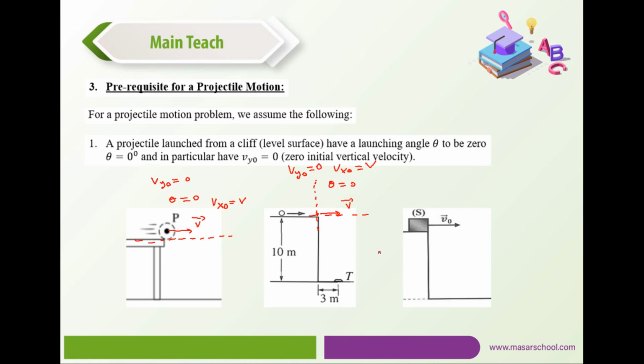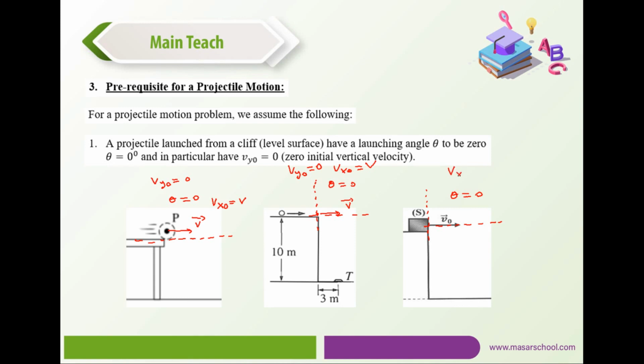Now also let me repeat the explanation here. Here we're launching the projectile from a cliff, let's suppose. Then the initial velocity is parallel to the horizontal, and that would be the vertical. We notice that the initial velocity makes no angle with the horizontal, so theta is 0. So what does this mean?